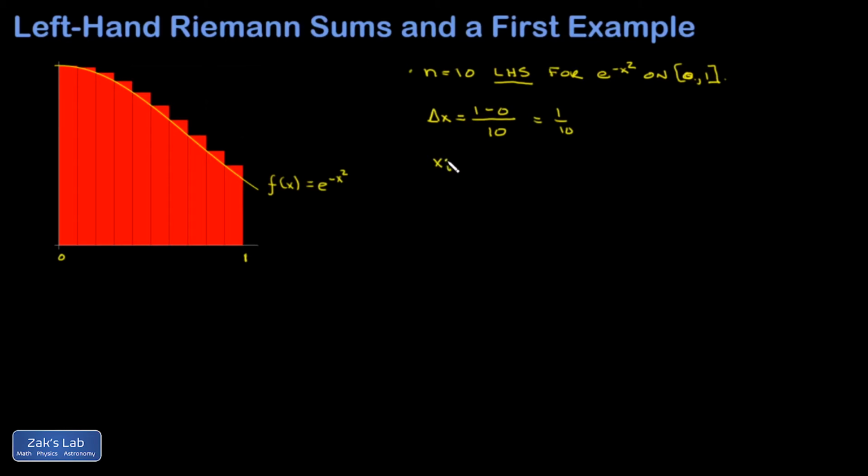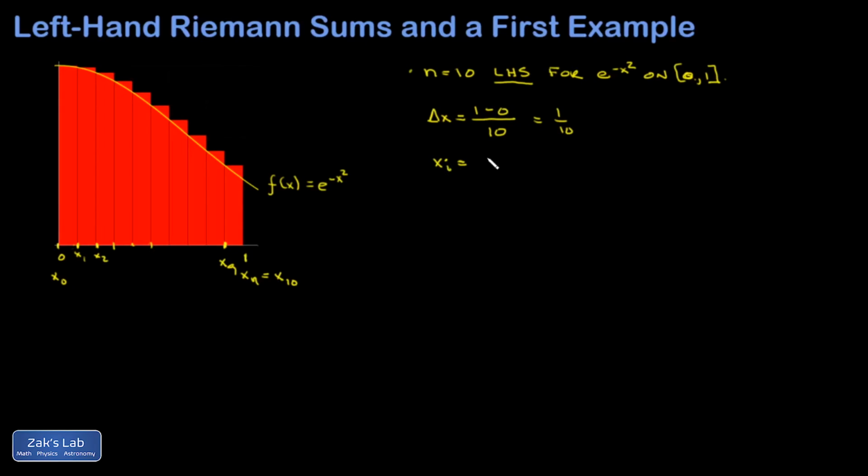Then I'd like to write down an expression for the ith cut point. So this would be x0 here on the left. This is x1, x2, and so on and so on. And eventually I get to xn, which in this case is the 10th cut point. The height of my last rectangle should be measured from the 9th cut point.